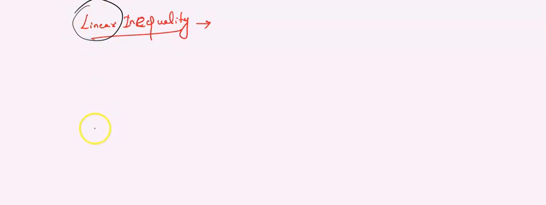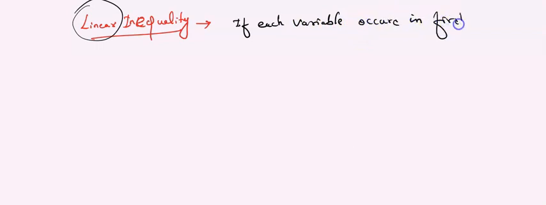Can you tell me, if each variable occurs in the first degree only, in that case what happens?